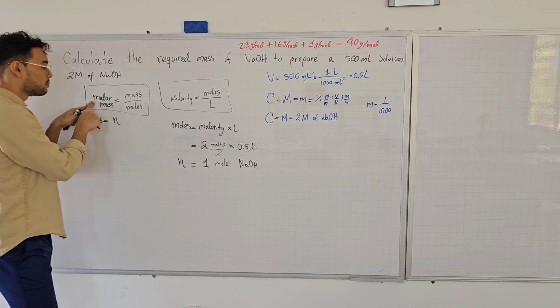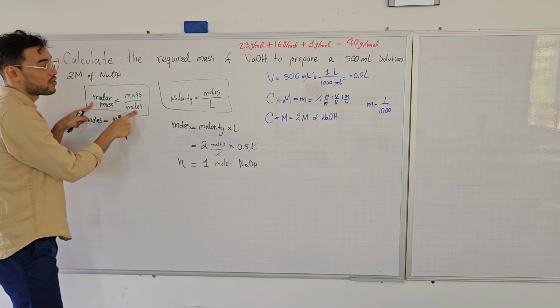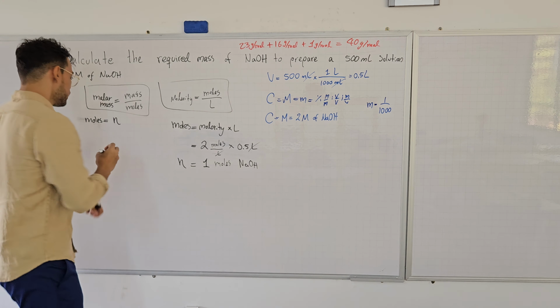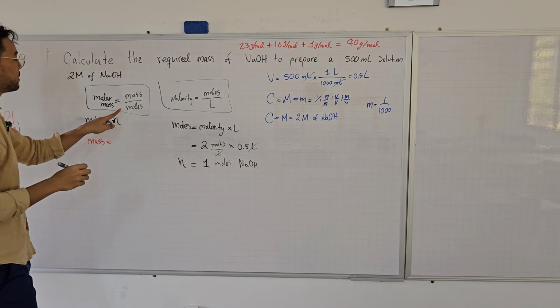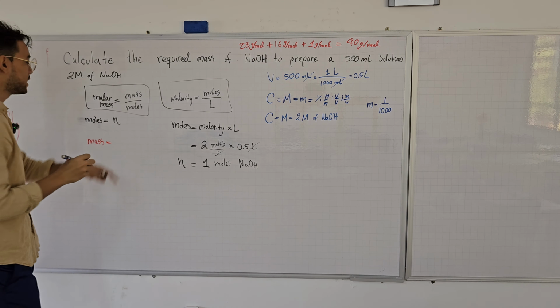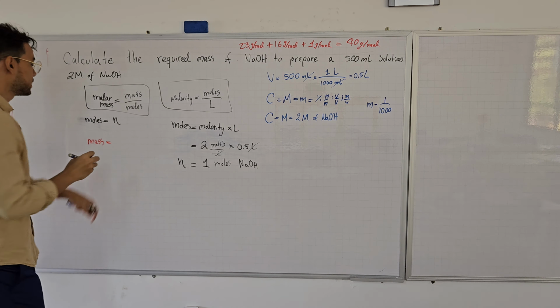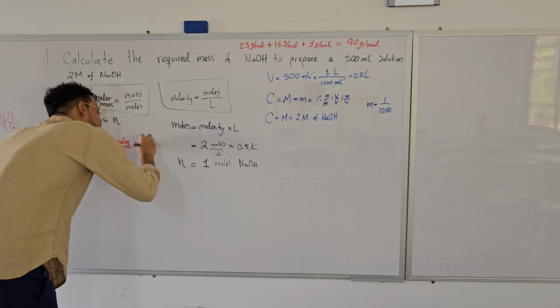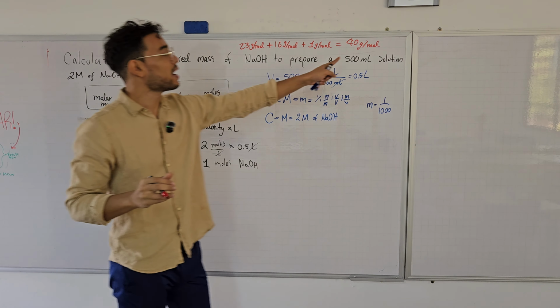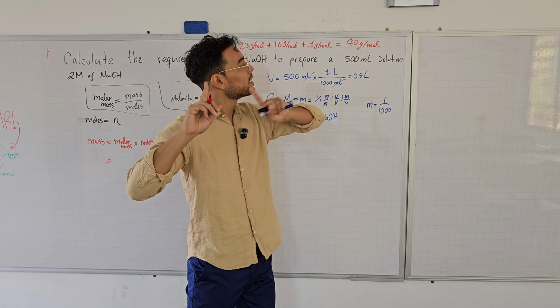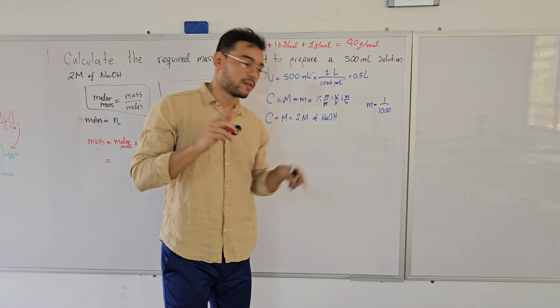Now, I know the molar mass, I know the number of moles. Let's clear mass. So mass would be molar mass times moles. All right? And molar mass, we already found that it is 40 grams per mole.